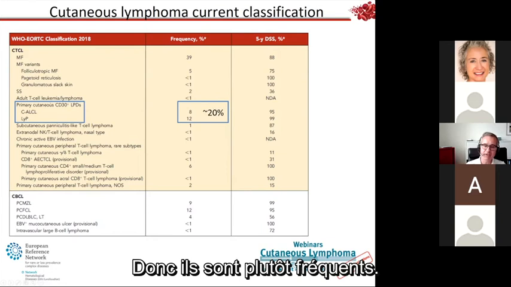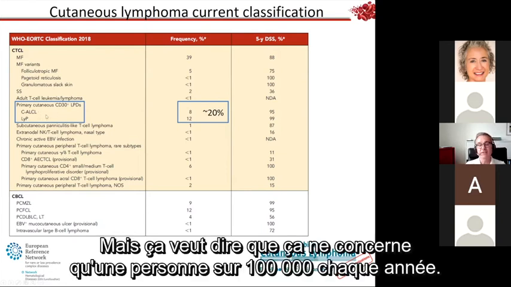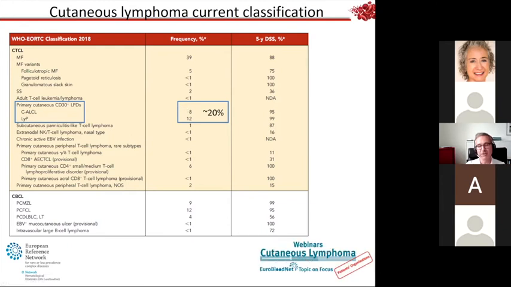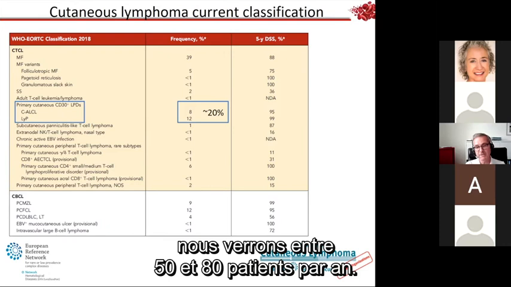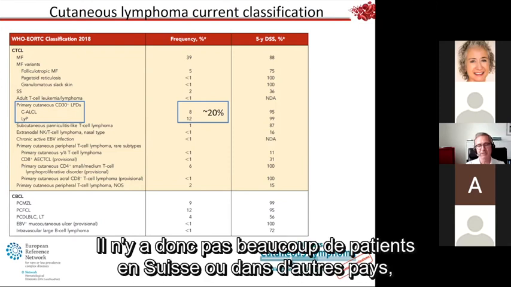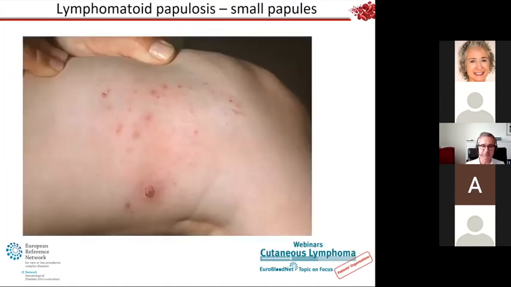So they are fairly prevalent. That still means there are only roughly 1 in 100,000 per year. So a population like Switzerland with 8 million people will see about 50 to 80 of these patients every year. So there are not many patients in Switzerland, and for other countries the numbers are roughly the same.